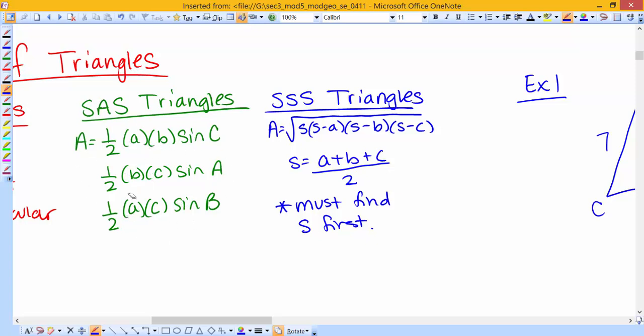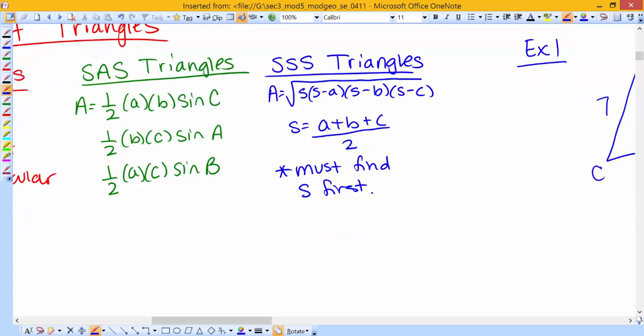Don't forget the little letters represent our sides, our capital letters represent our angle measures. It must be a side angle side triangle, meaning that the triangle you are given, you must know the sides and the angle between. That's what you must know.